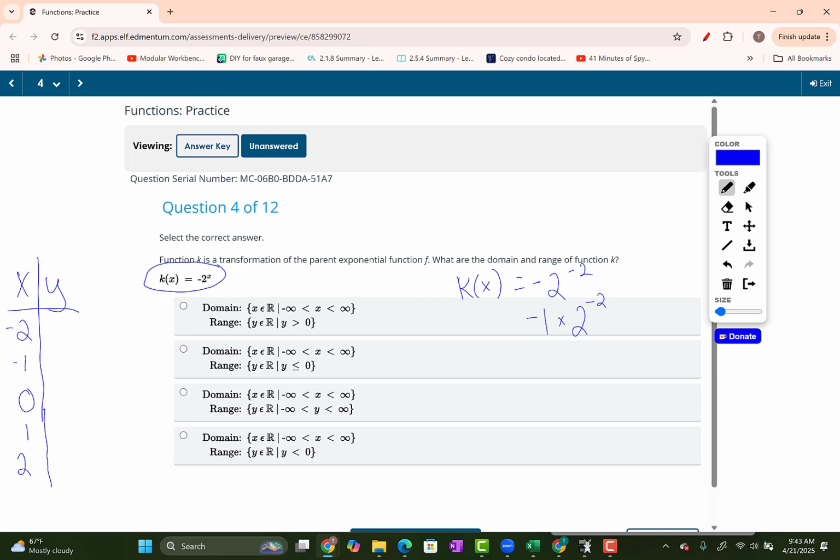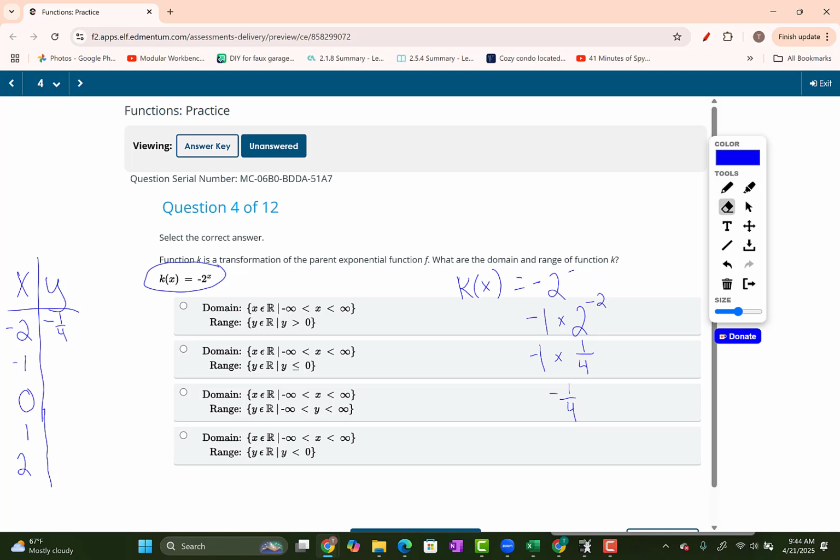We know order of operations, we always take care of the exponents before we do multiplication. So 2 raised to the -2 power is 1/4, or 0.25, and then multiplying that by -1, we get -1/4. So really tiny number.